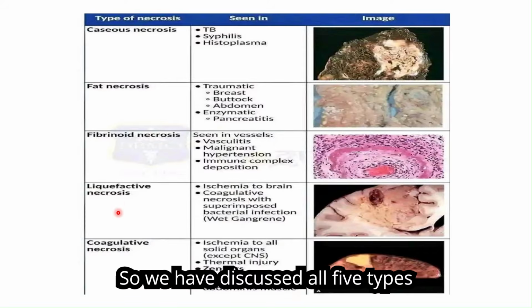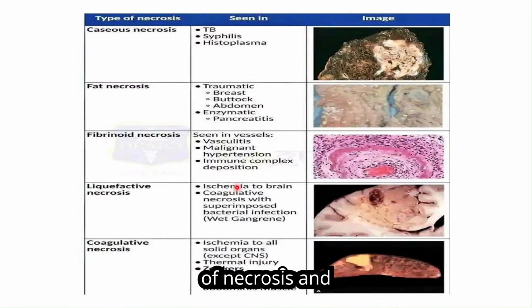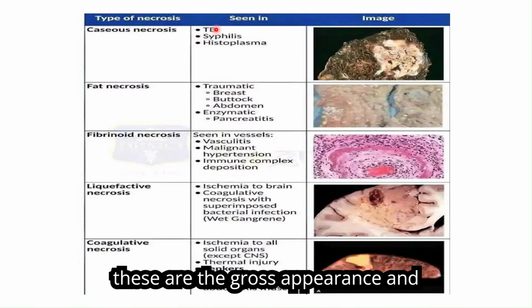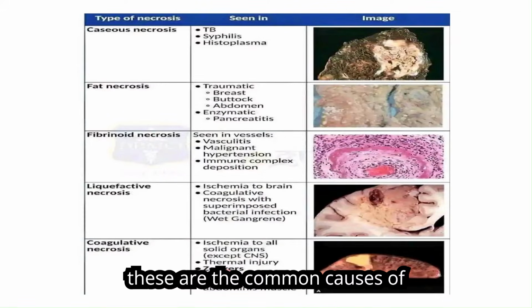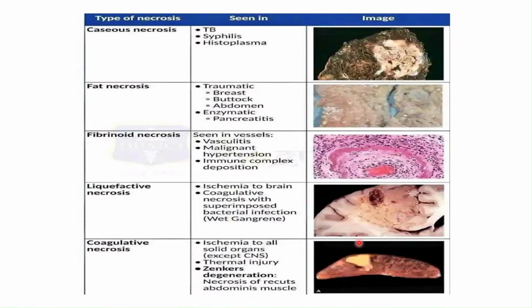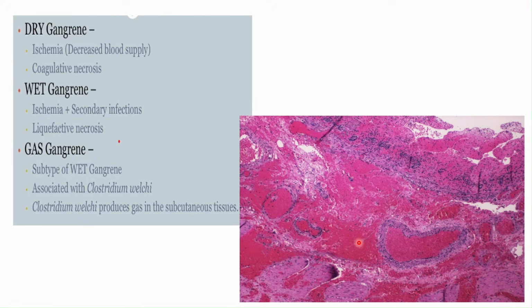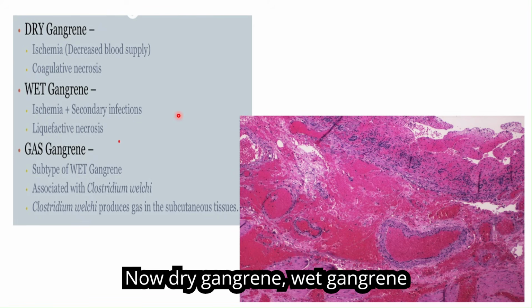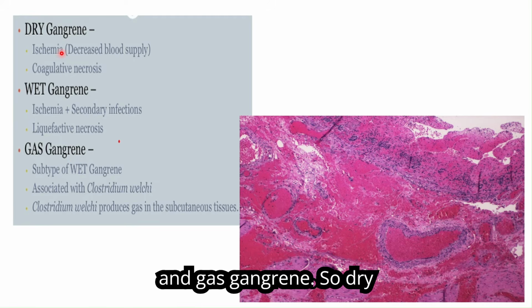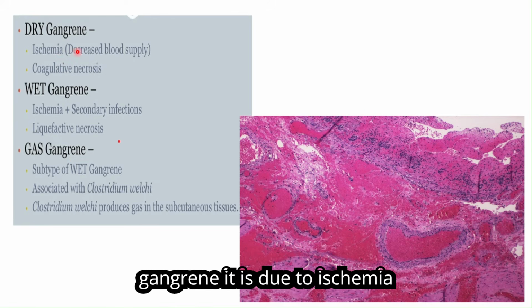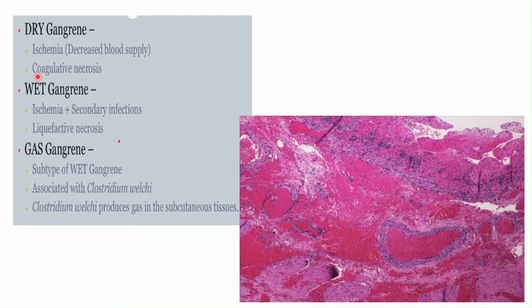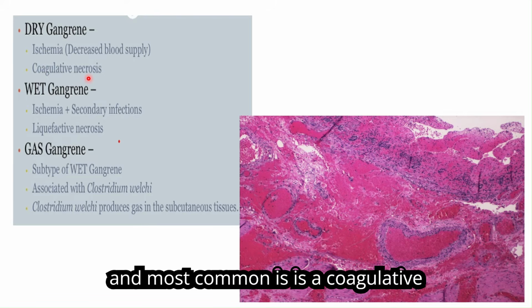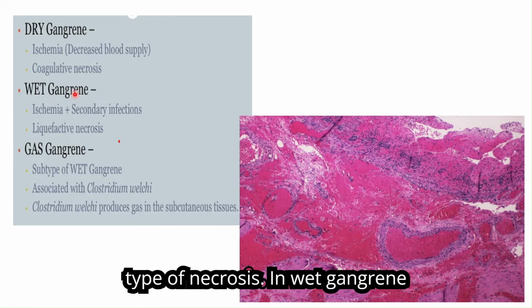So we have discussed all 5 types of necrosis, and these are the gross appearance and these are the common causes of different types of necrosis. Now, dry gangrene, wet gangrene and gas gangrene. So dry gangrene is due to ischemia and most common is a coagulative type of necrosis.